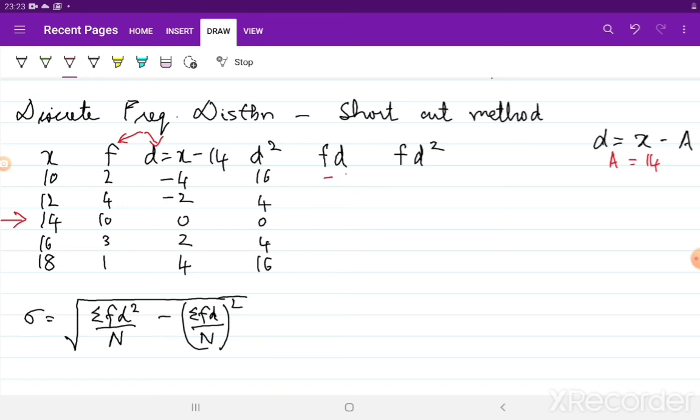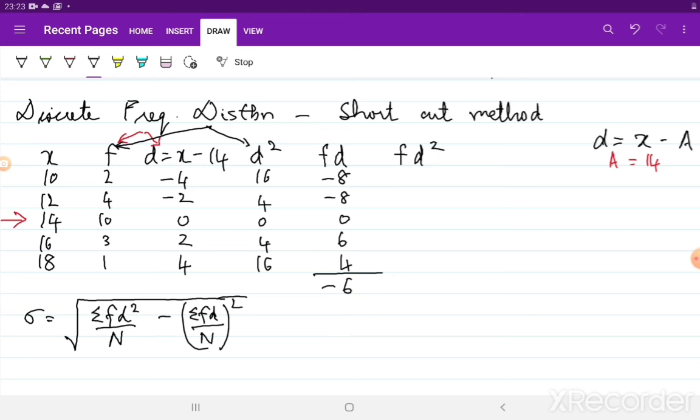So f times d is minus 8, minus 8, 0, 6, 4. It will sum up to be minus 6. And f times d square means this multiplied by this column.